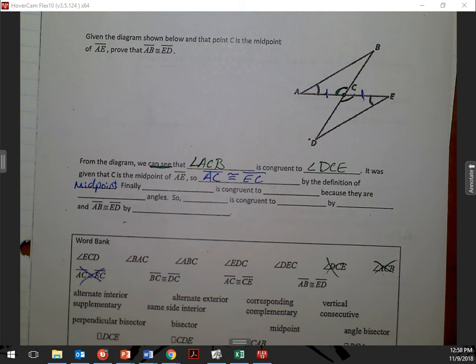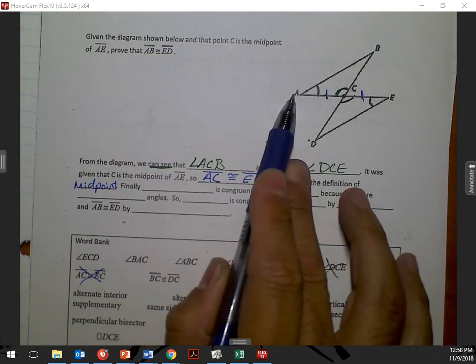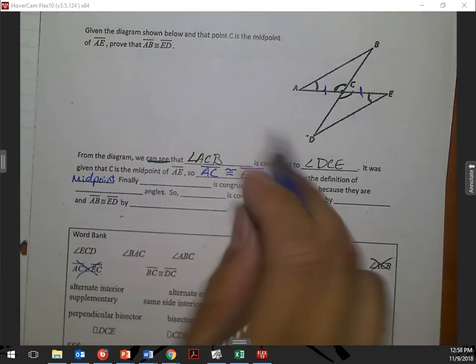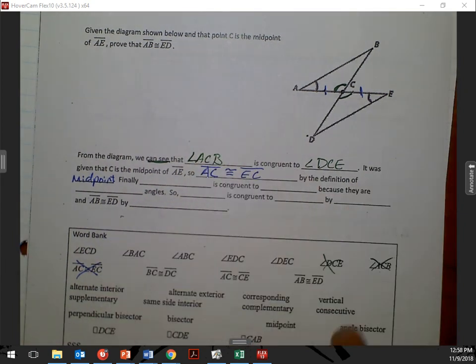Finally, blank is congruent to blank. Let's go angle A congruent to angle E. So these ones are going to be given. It's actually not on here.